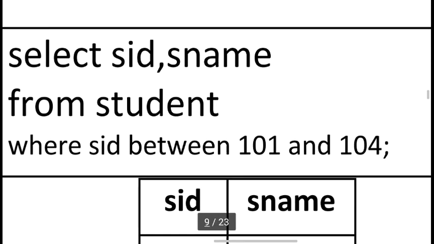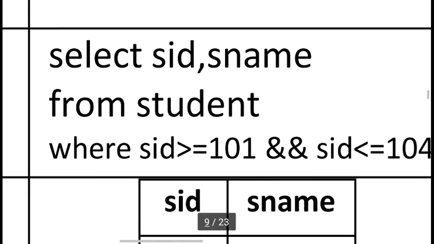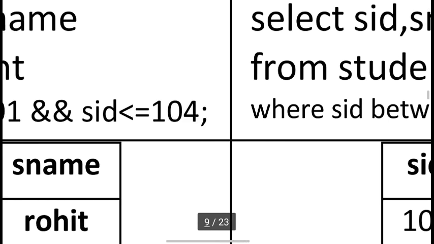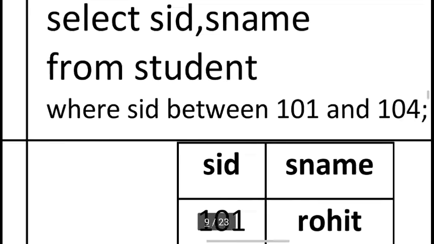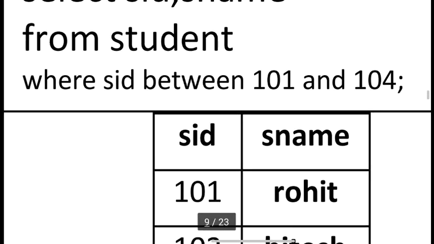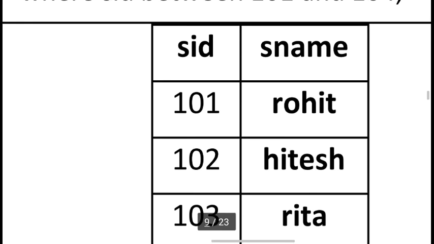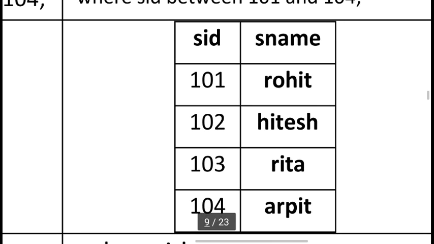The same thing we can do with the help of the AND operator, using relational operators like greater than 101, but the same thing we can do without logical and relational operators. So we can use the BETWEEN clause. So where SID between 101 and 104, the same output will come.